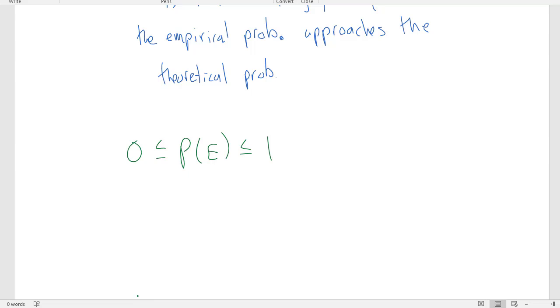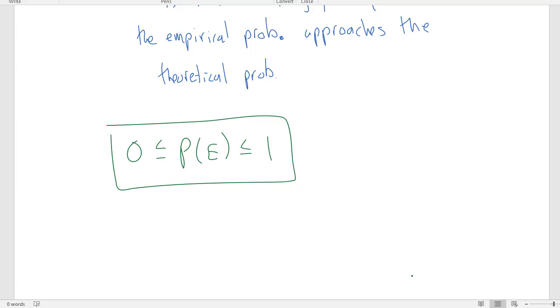When I looked at rolling a 2 on a 6-sided die, right, that was 1 out of 6. I could write that as a decimal. I could also write it as a percentage. So when we're thinking of decimals, the values of probabilities have to live between 0 and 1, between 0% and 100%.